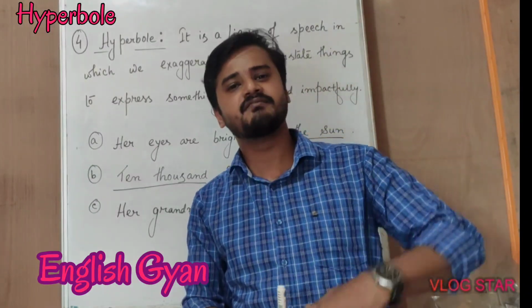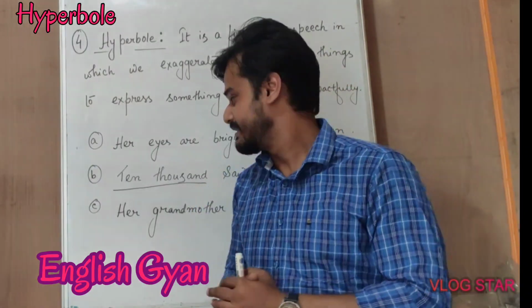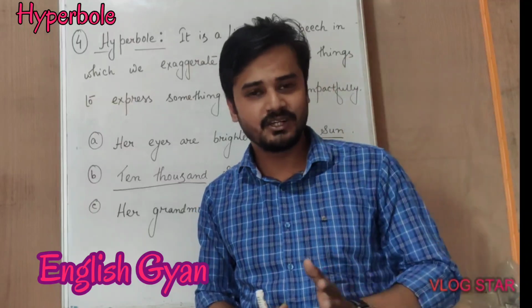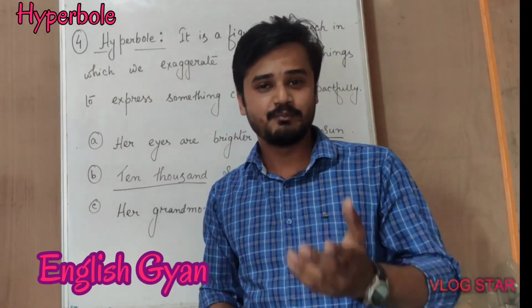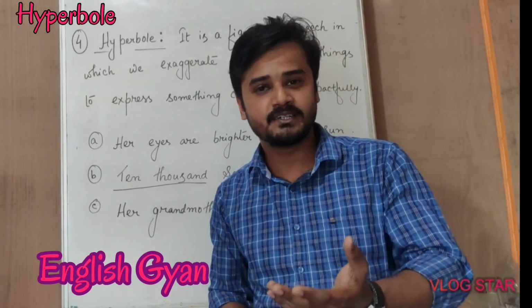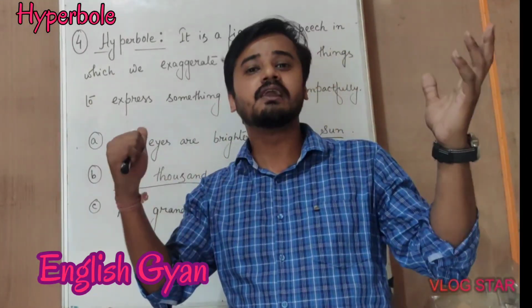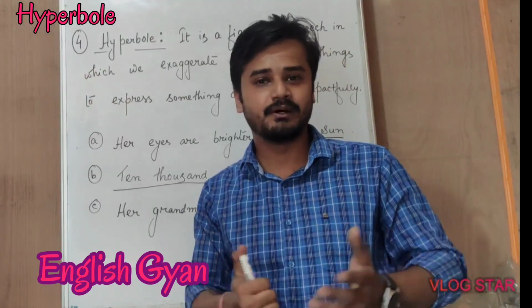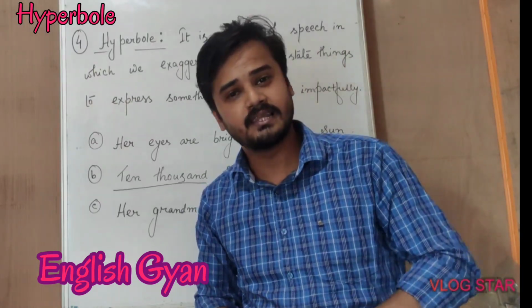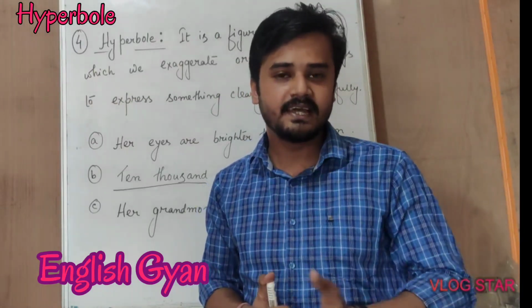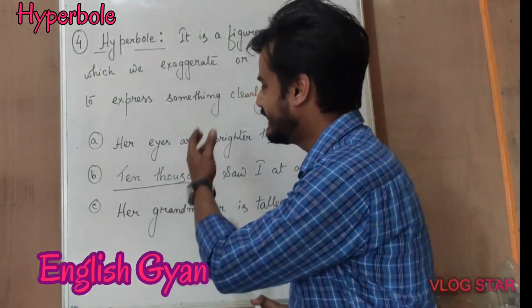We all know that mountains are very tall, but she is even taller than the mountains. This is actually not true. It cannot happen. This is impractical. But in order to express the tallness of that grandmother, we are saying that she is even taller than the mountains, which is again the exaggeration of facts. So this is again hyperbole.